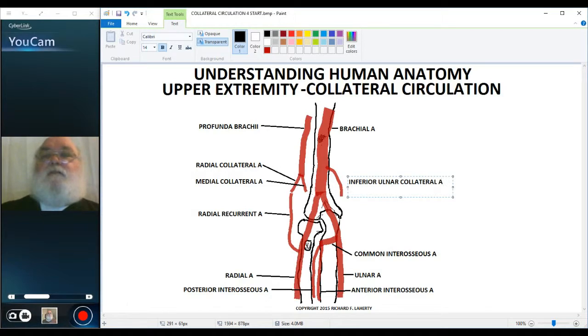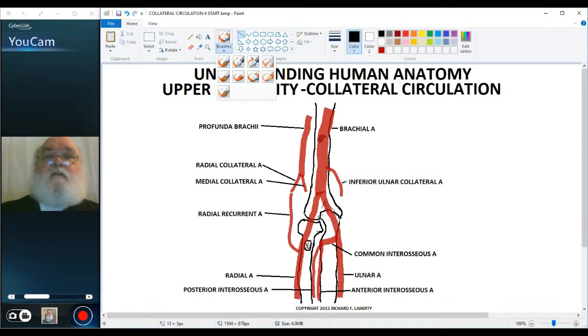And the inferior ulnar collateral will anastomose with a branch from the ulnar artery, the anterior ulnar recurrent.